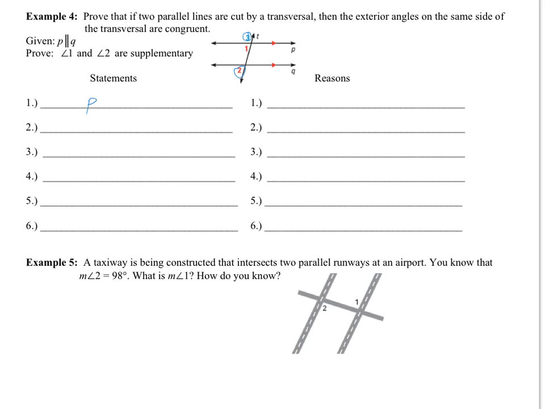So here we want to set P is parallel to Q as your first step. So that's given. And since angle 1 and angle 3 are a linear pair, I can say measure angle 1 plus measure angle 3 is equal to 180 degrees by the linear pair postulate.